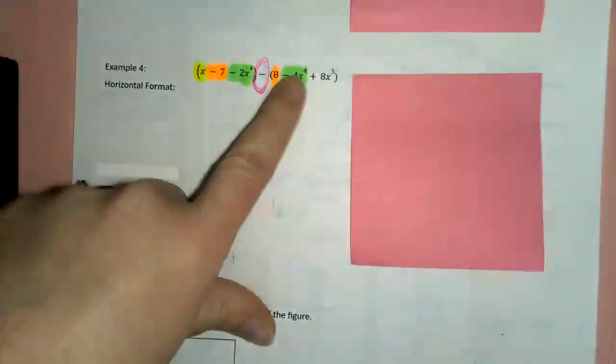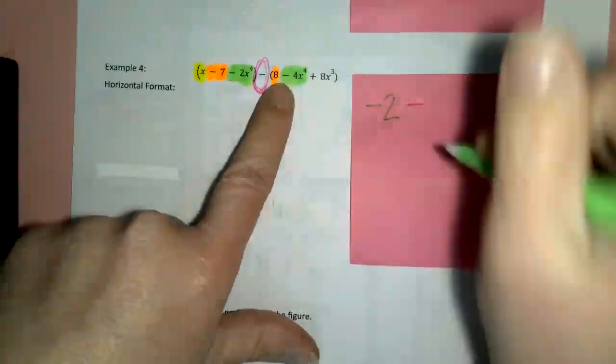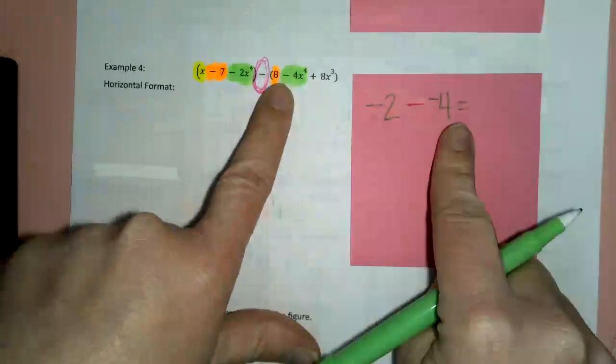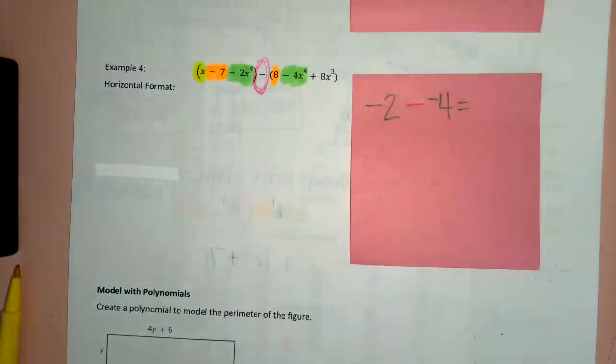It is 4. So as I write that down, my coefficients are negative 2. Then I have a minus sign, and then negative 4. Type that in Desmos. Make sure you type it in Desmos because it's going to be maybe not what you expected it to be because we struggle with the negatives.